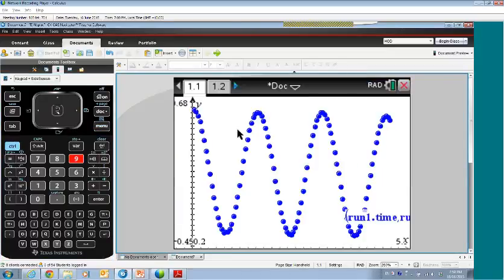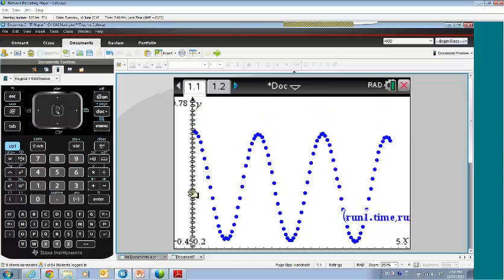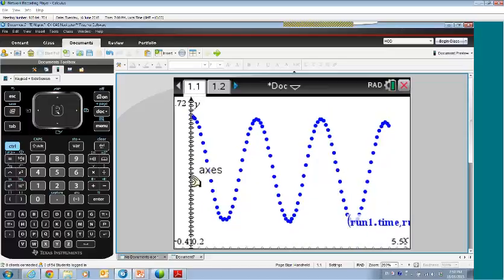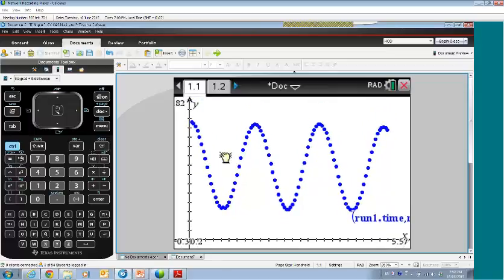So we can see we've got something that looks remarkably like, as I said, a sine or cosine curve. I do like to show the x-axis in this image, so we can shrink our graph down just a little bit, drag the screen around until we expose our x-axis a bit more. That's pretty good, because it gives the students a sense of the actual practical context of this question.